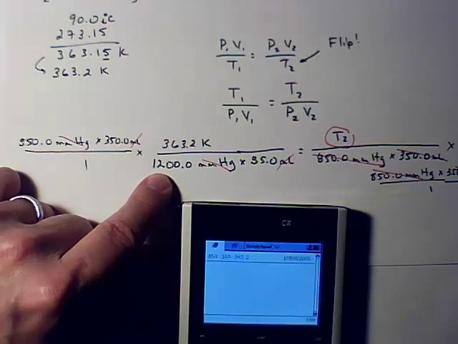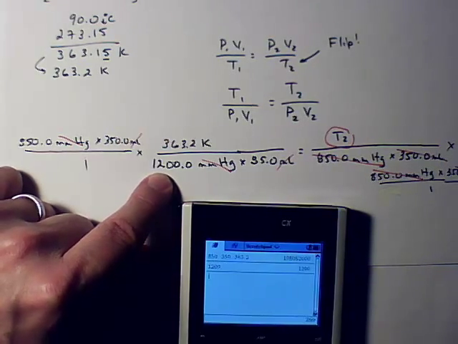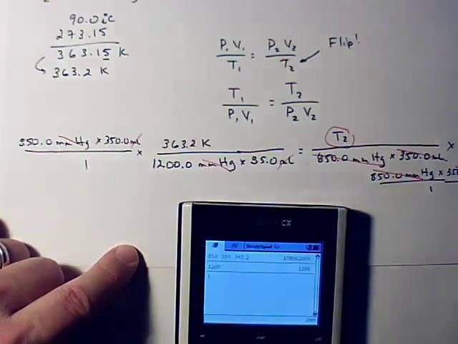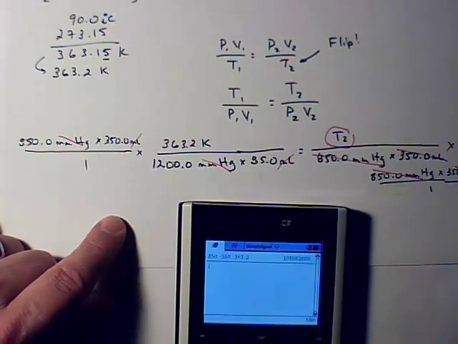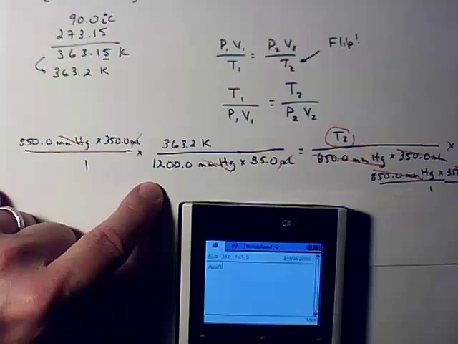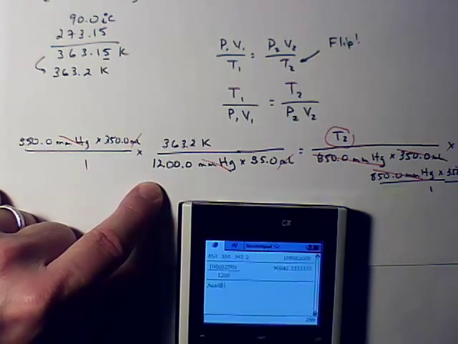Divide by 1200.0. Enter. Divide by this 85. I didn't divide? Oh, you're right. I didn't, did I? Try it again. We can take that number and divide by 1200. Enter. Divide by 85.0.